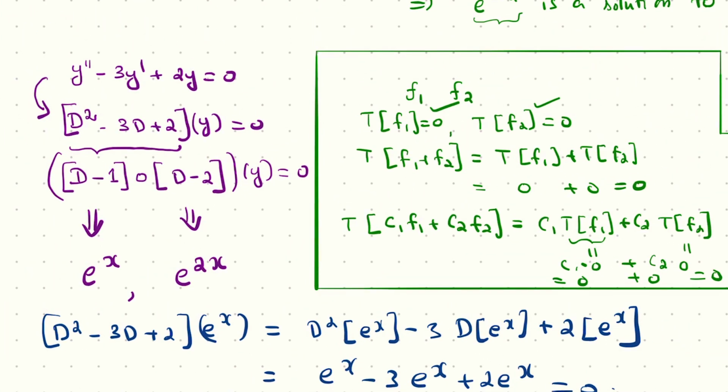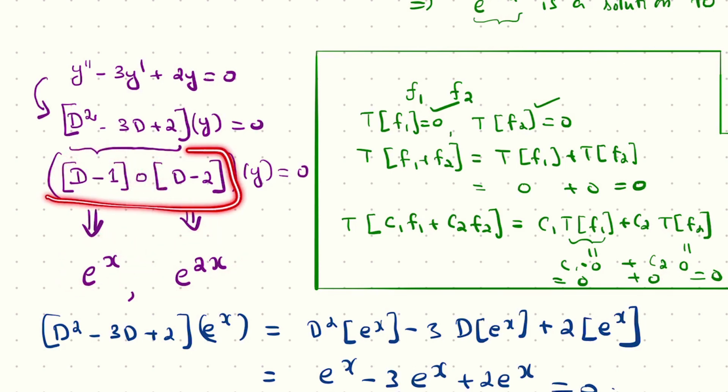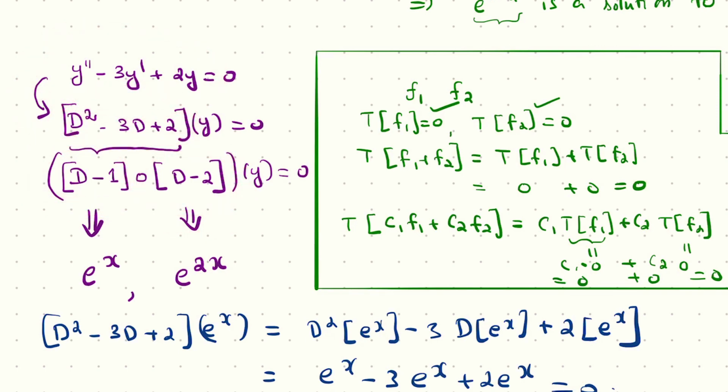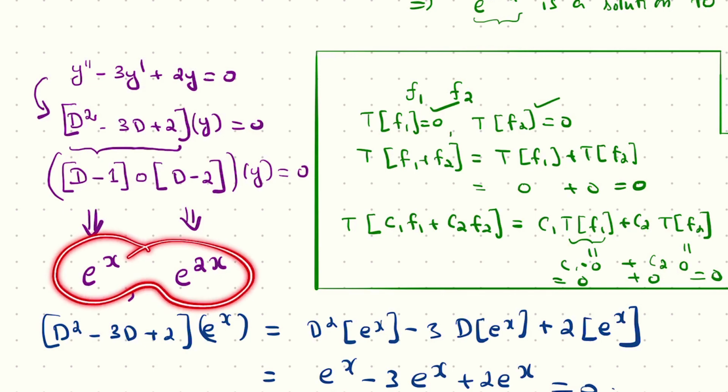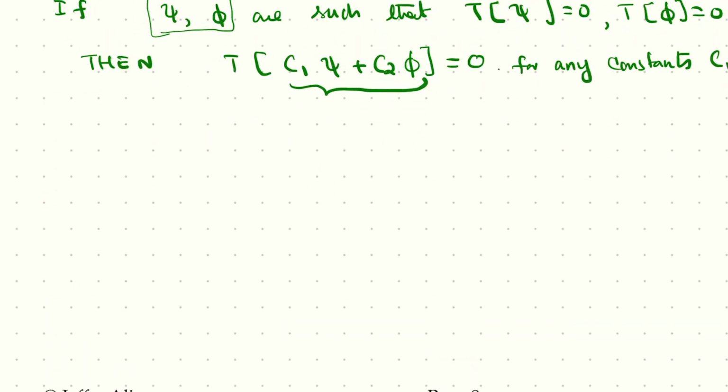If you can write the operator into this form, and D minus 1 is an annihilator of this, and D minus 2 is an annihilator of this, then the composition of these two annihilators, which is the operator form of this differential equation, is going to annihilate any linear combination of those. So going back to what we did earlier in the previous video, now I can summarize the following.